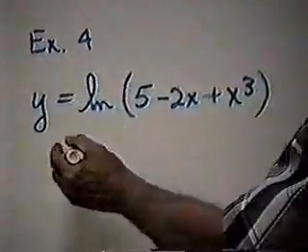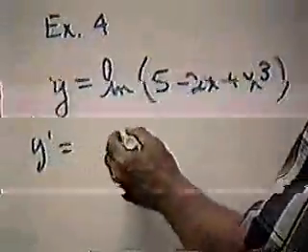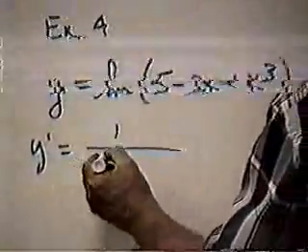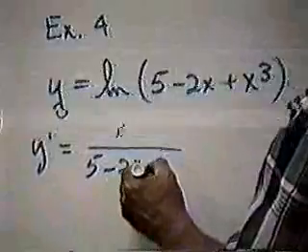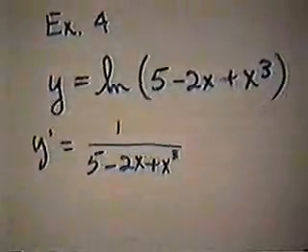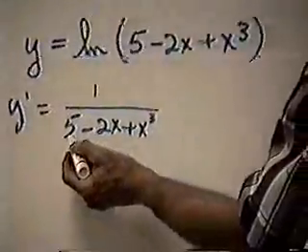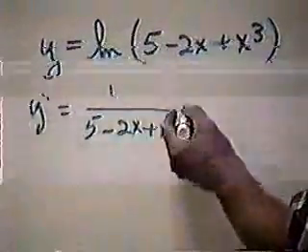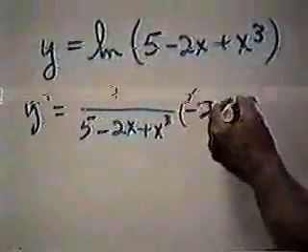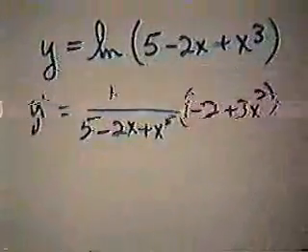Okay, this would be y prime. Derivative log is 1 over the object, so it's 1 over 5 minus 2x plus x cubed times the derivative of the object. Derivative of 5 is 0. Derivative of minus 2x is a minus 2. The derivative of x cubed is plus 3x squared.